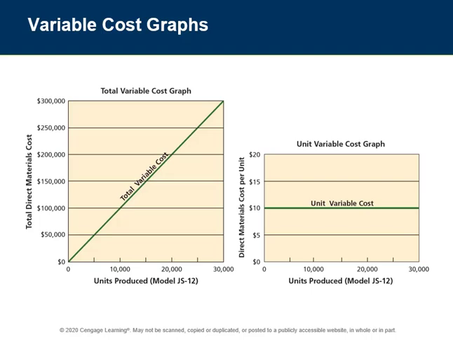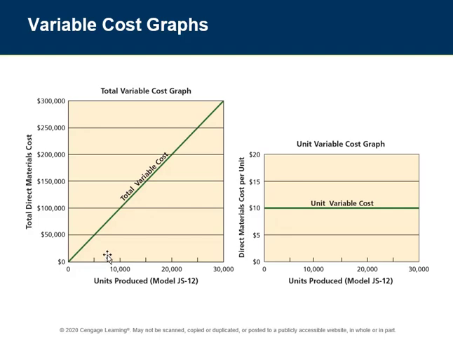So I really like this graph here because it presents nicely the real behavior of variable cost. We see that total cost, when we're looking at variable cost, is a linear relationship.